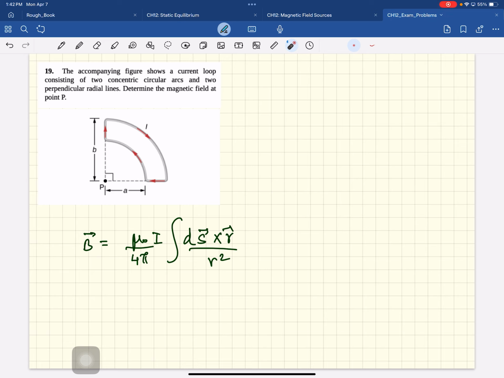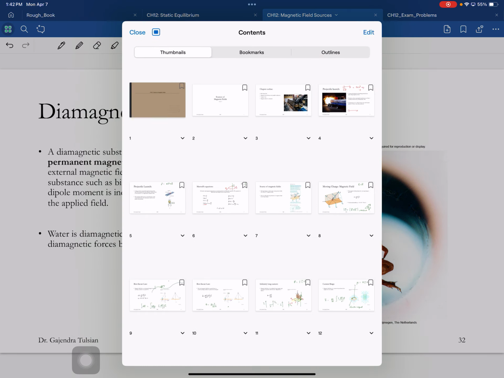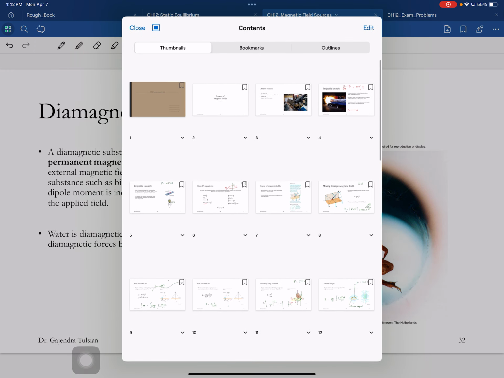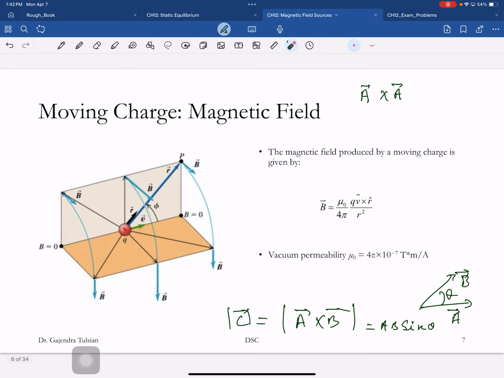You might remember from the expression, the field produced by this element at that point is what? So you saw that the field produced by this moving charge along the axis is 0.